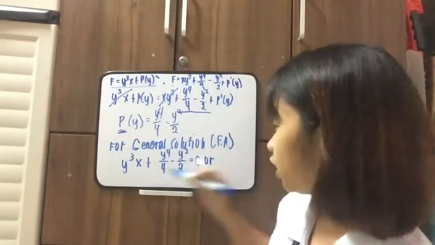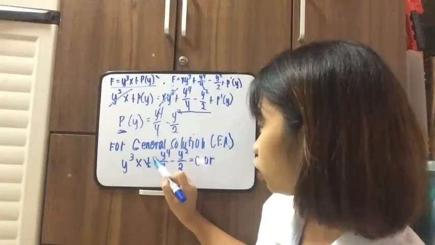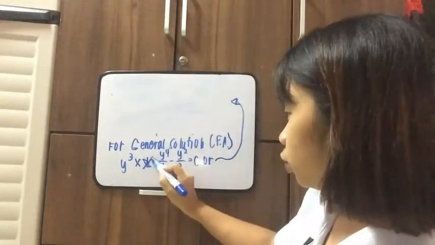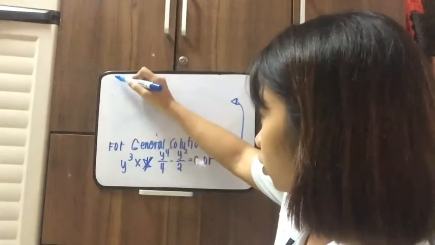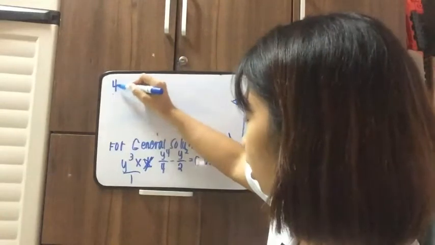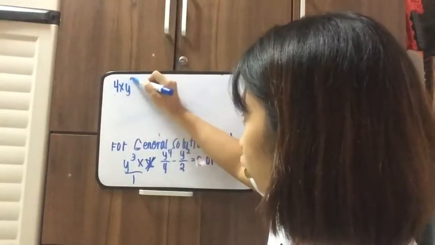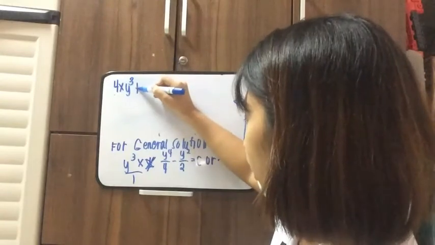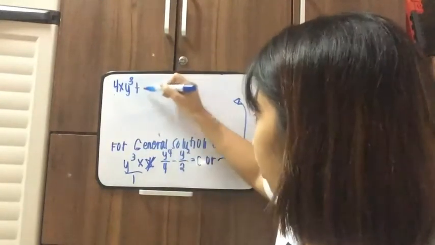Or pwede natin silang i-cross multiply. It will become, since cross multiply, this is over 1, 4xy cube plus y raised to 4.